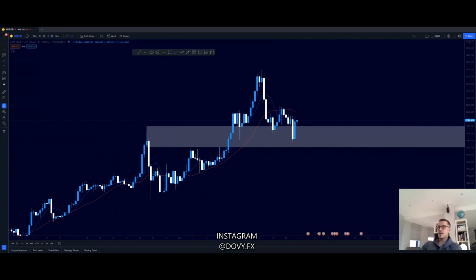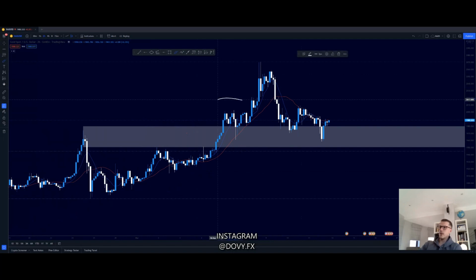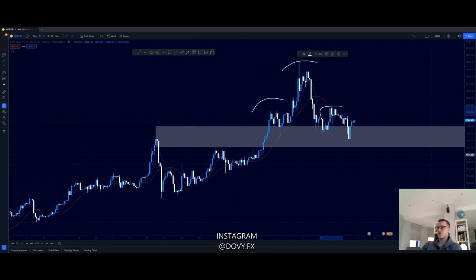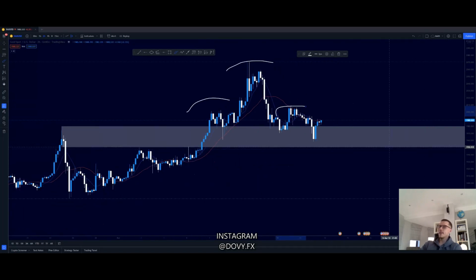Yes, maybe it is, but I'm going to tell you what I prefer in just a second. Right now you might look at the charts and see, oh wait, this could be a head and shoulders pattern. Yes, it looks something like it, but we have a neckline right here where you can see the price broke it, tried to retest it, but it continues to the upside.